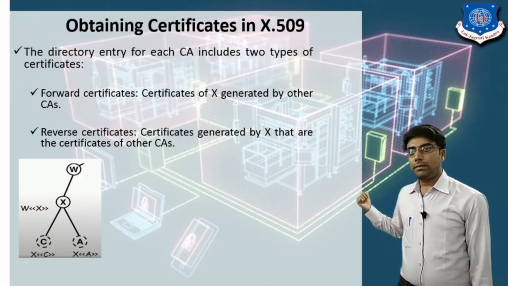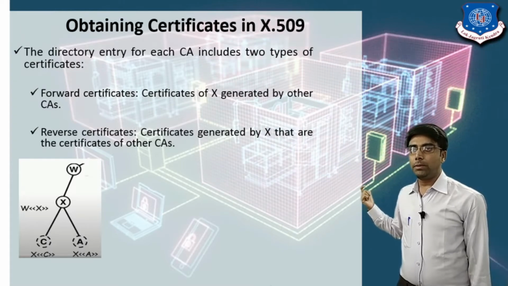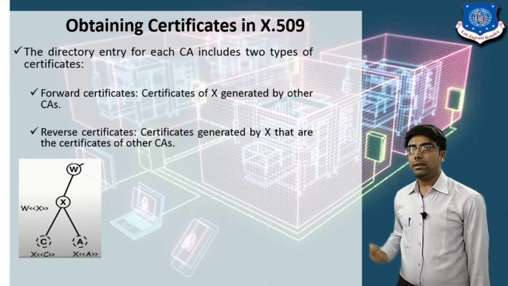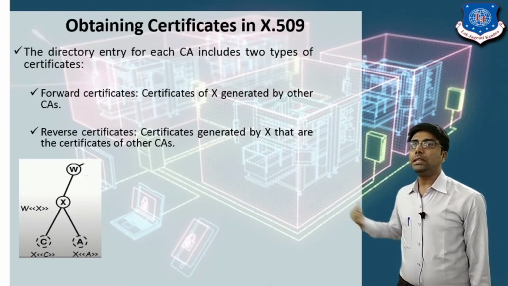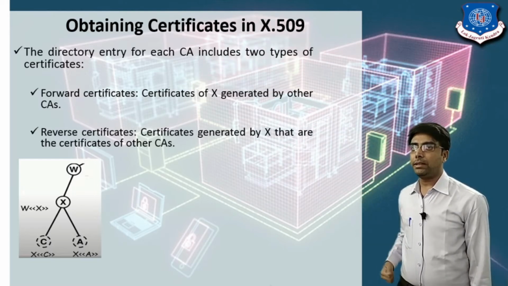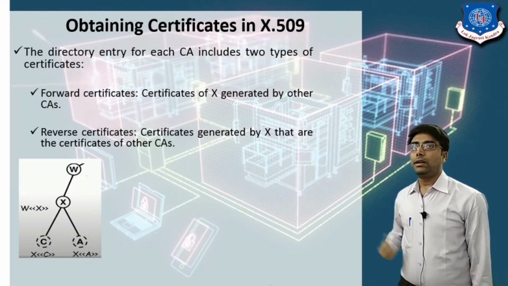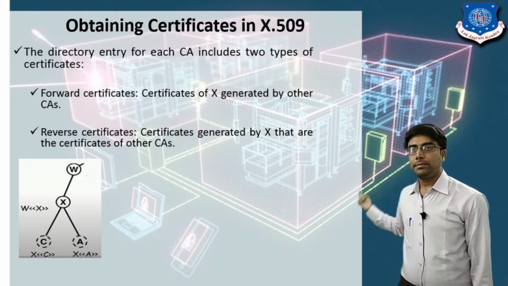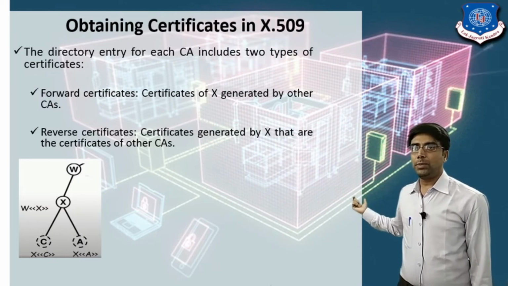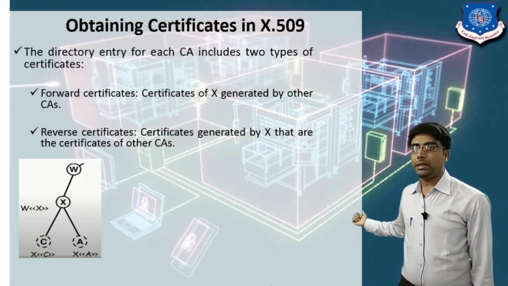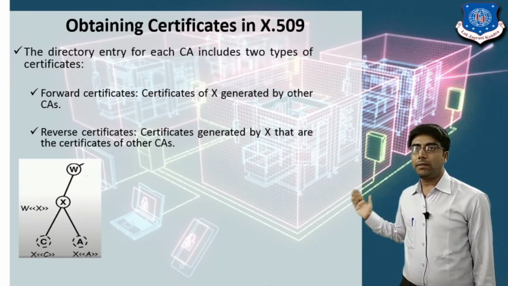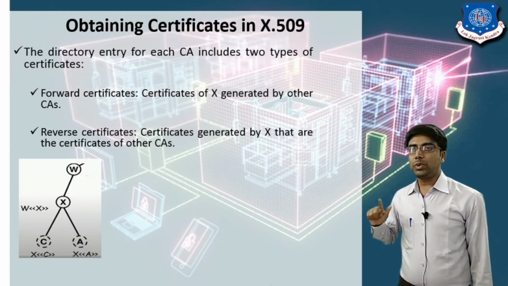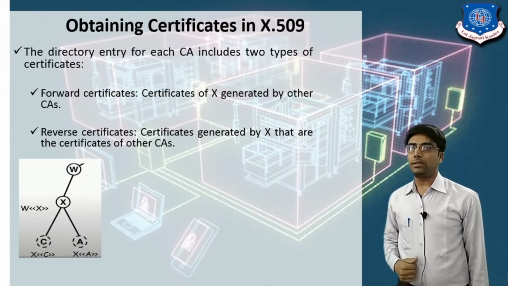Here X and W, the two certificate authorities, will communicate with each other and generate certificates for each other. The certificate of X is generated by W, where W represents the certificate authority. The notation of this certificate generation is that the certificate of X is generated by the certificate authority W. This process is called the forward certificate.